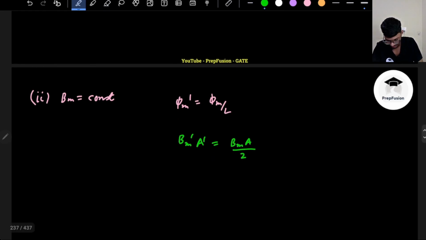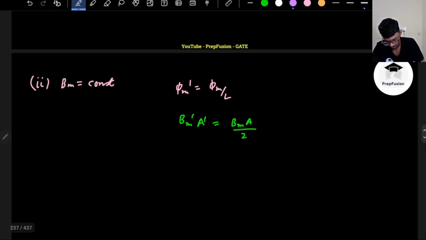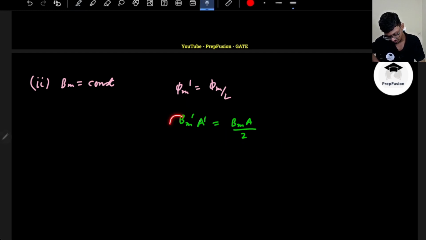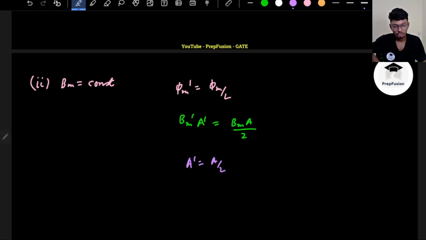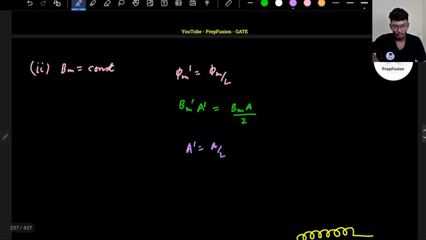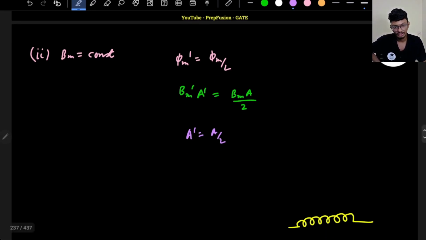I want my flux density to be constant, that is Bm dash equals Bm, so A dash will become A by 2. So basically, what is happening, the area of the core that I require is halved.